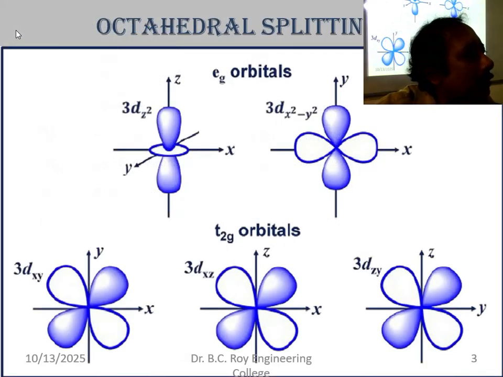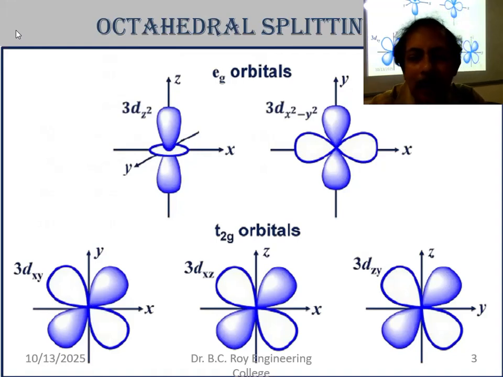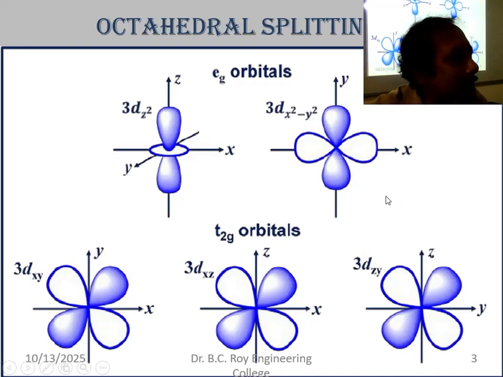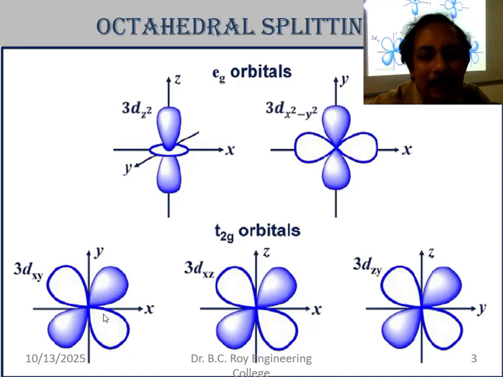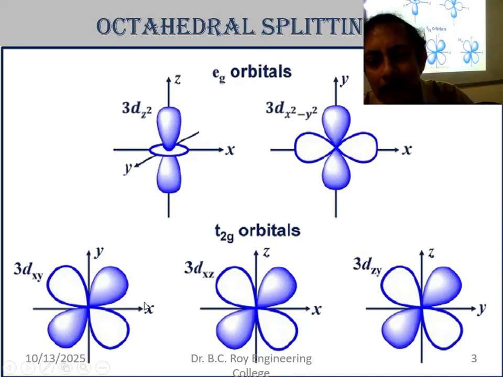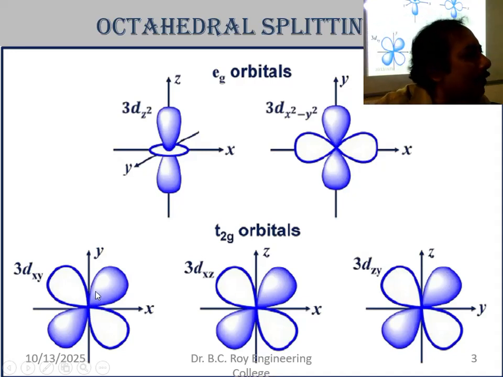These are the d orbitals. Already you know. Still, just have a look. So these are d orbitals in the plane, and these are d orbitals on the axis. Those which are in the plane will have more interaction if the ligand is approaching angularly. But if the ligand is approaching along the axis, suppose along the x-axis, see here is the x-axis, if the ligand is approaching along this, these two lobes are away, the approach is in between and the nucleus is here, so it can feel some attraction at least.